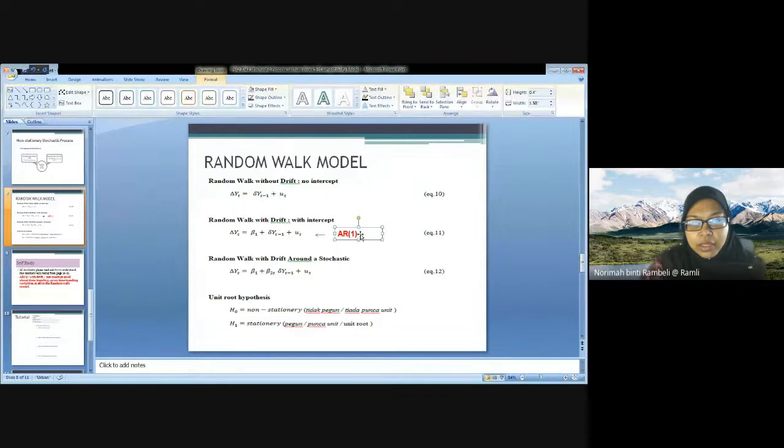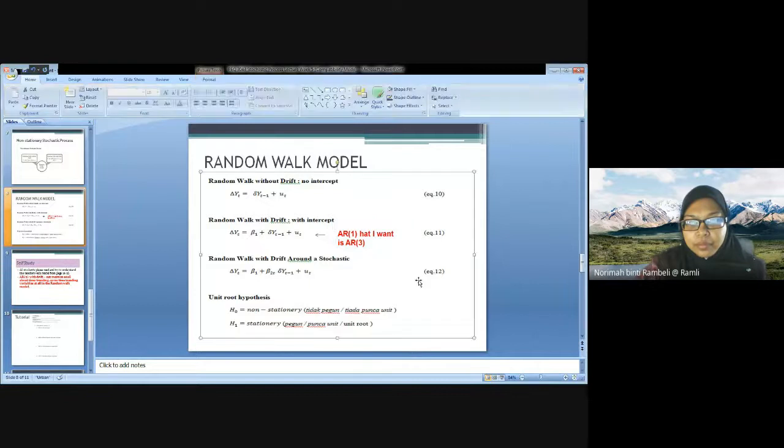What I want is AR3. So: delta 1 y t minus 1 plus delta 2 y t minus 2 plus delta 3 y t minus 3 plus mu t.